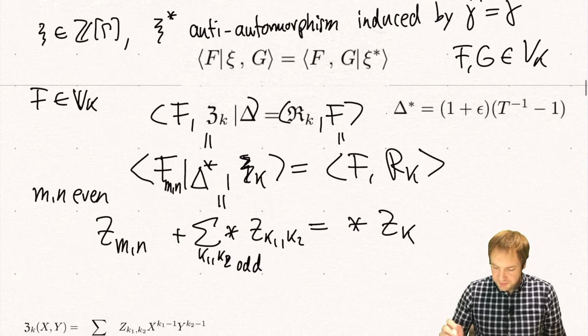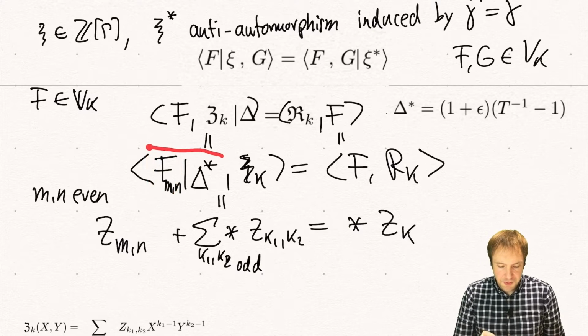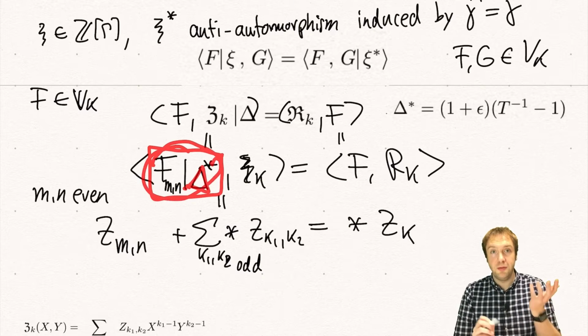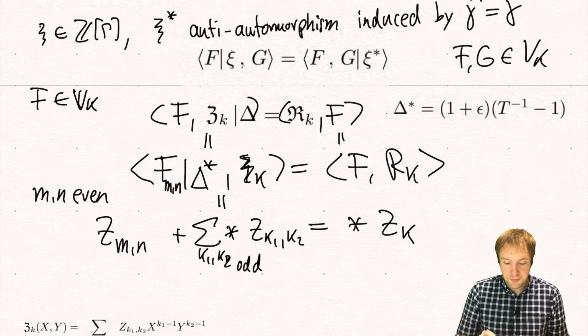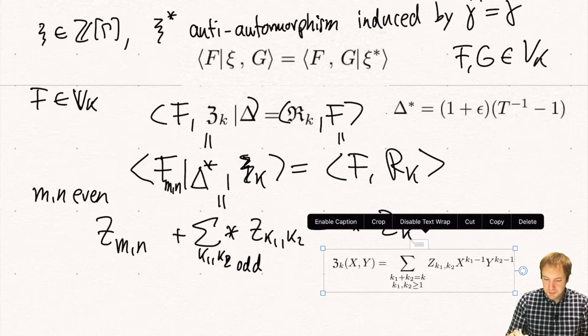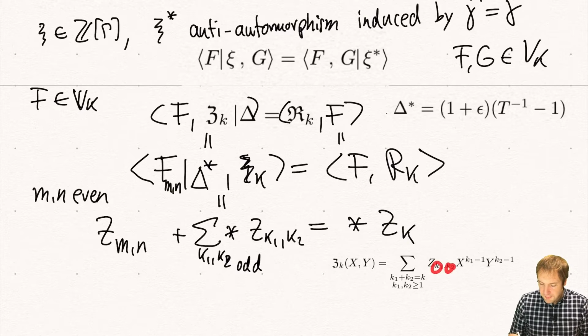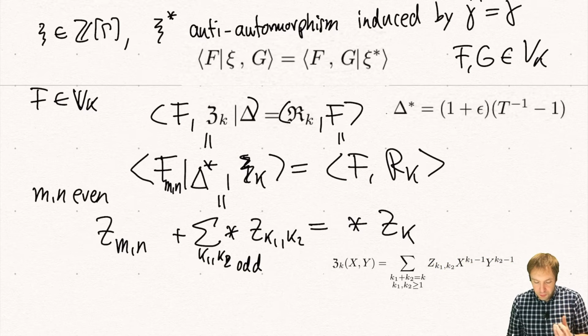Okay, so to rephrase it even more, we want to find an f_mn such that if we let this delta star act on this f_mn, this is a new polynomial, and the odd part, because here in the generating series, if the entries are even, then because of this shift here, the polynomial is an odd polynomial.